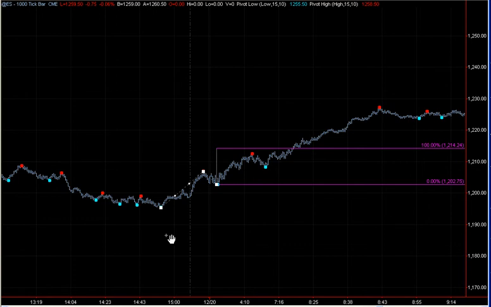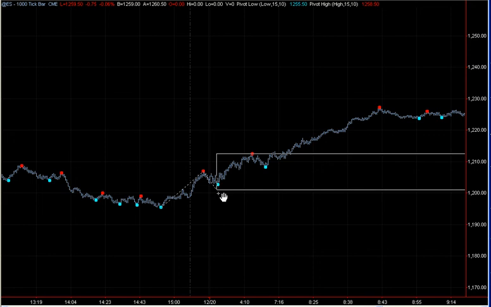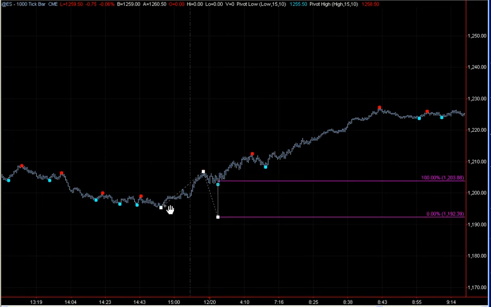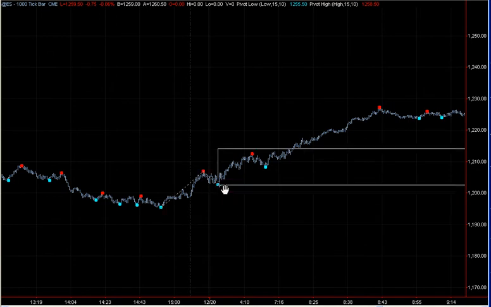Now, if point C were to drop below point A, it would invalidate the setup. So we would essentially start over in drawing the retracements. We'd have to look for a new setup if this were to occur. On the other hand, if the market in fact moves higher than our 100% line, we have elected to begin a new setup.